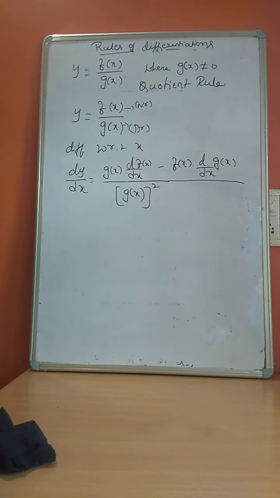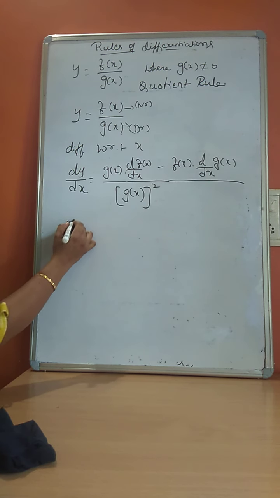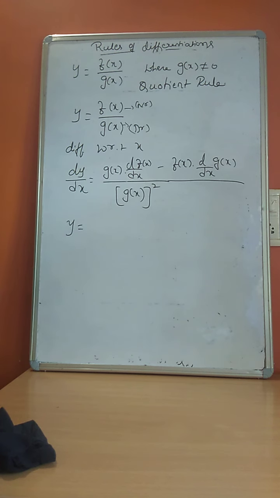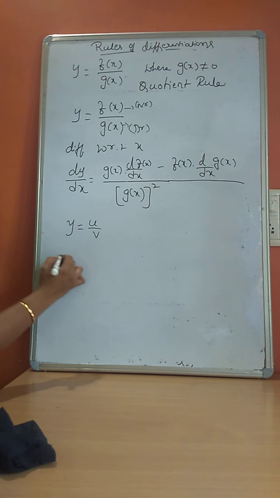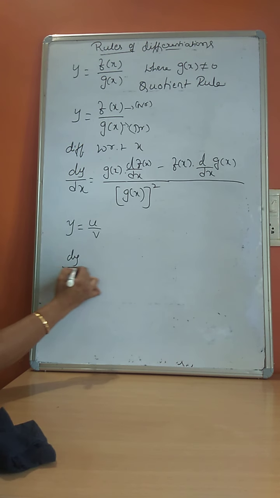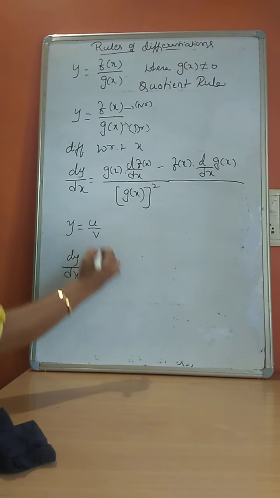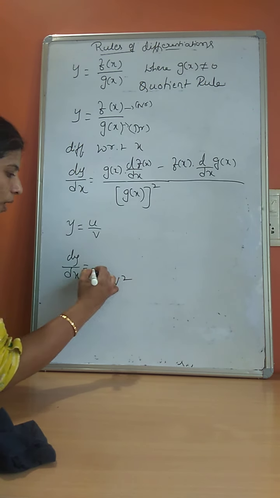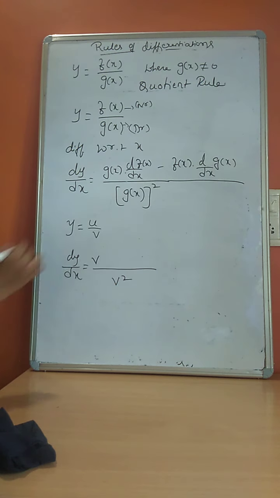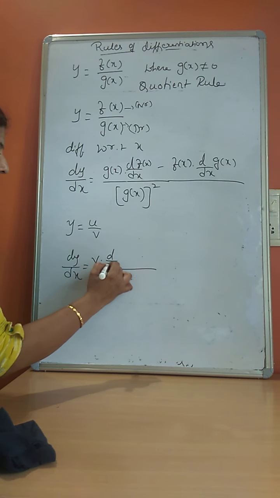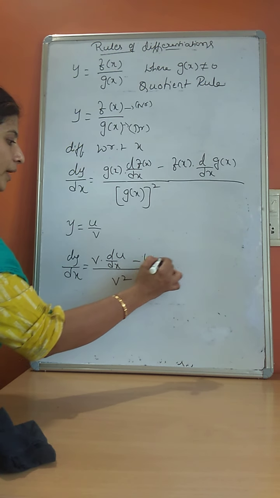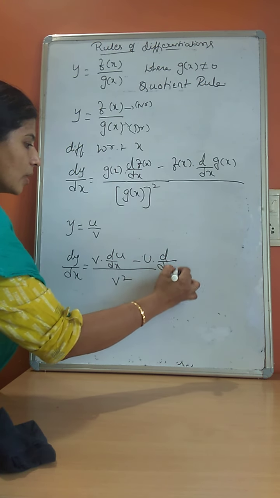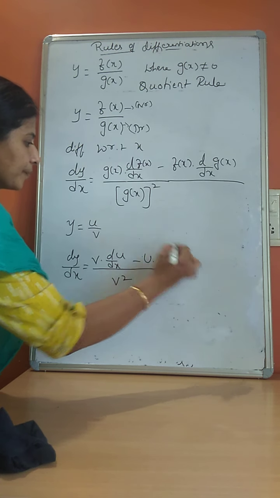Easily you can remember, if suppose y is equal to u by v. How to remember? dy by dx is equal to denominator square, that means v square, into denominator into d by dx of numerator minus numerator into d by dx of denominator.